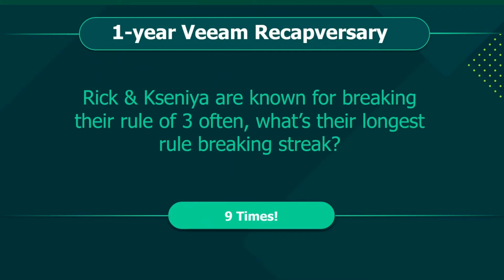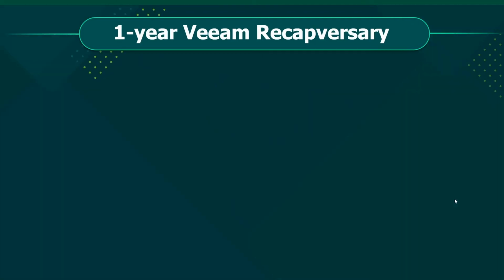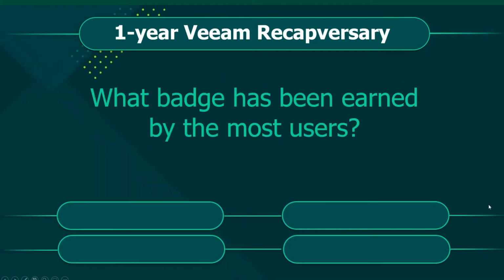Out of 50 recaps, 23 times you haven't broken the rule. 27 times you have. That's 54% of the time. You are consistently inconsistent with this. Oh boy, I feel bad now. Do you think we should do something with that data, Rick? Oh, let's try and get it better next year. We define the rule. Target 2. So next question.